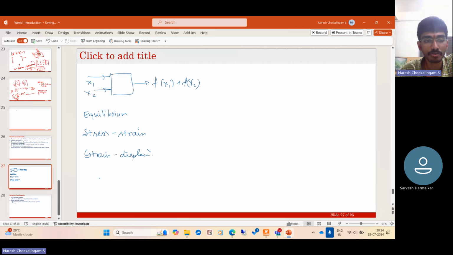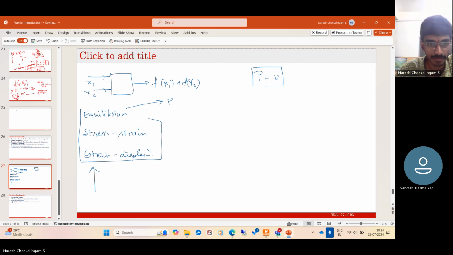For the truss problem, we wanted a relationship between P and V. Suppose I input V, I want to get out P using all these three relationships. These will take the form of partial differential equations, plus you will have boundary conditions.